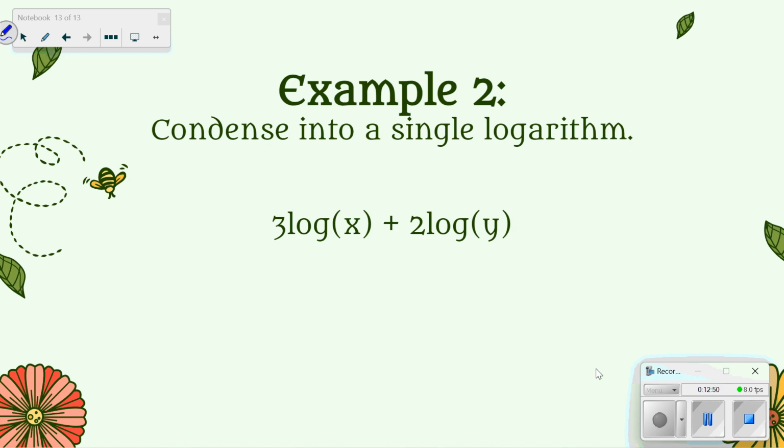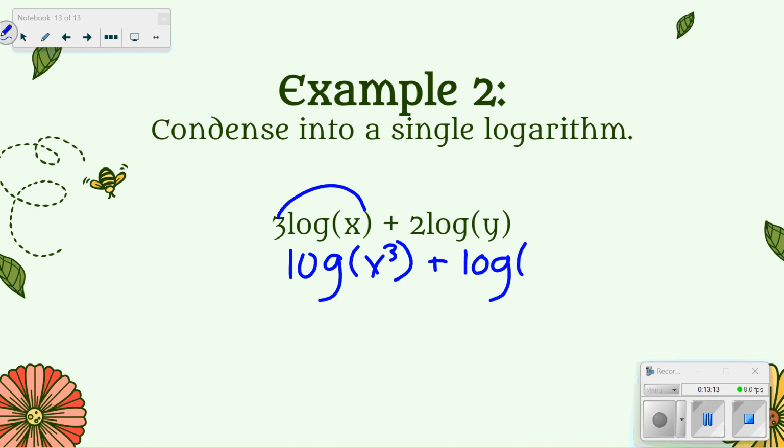Exponents before you multiply or divide when you bring things back together. Because I can't say I'm multiplying this until I put those exponents back with those variables. So this coefficient becomes your exponent. So this is log of x cubed plus log of y squared.